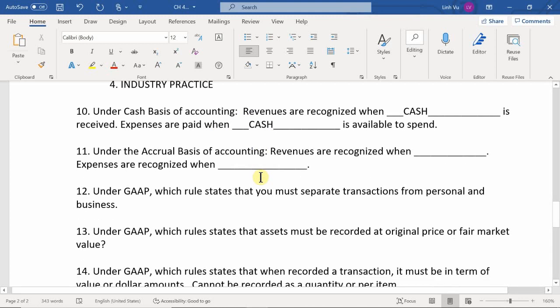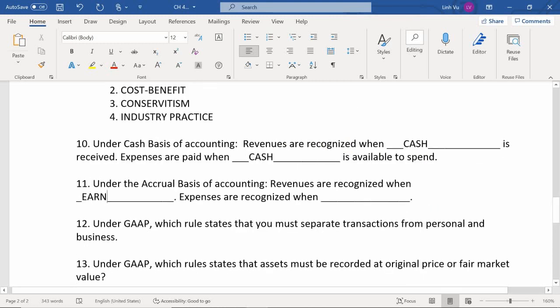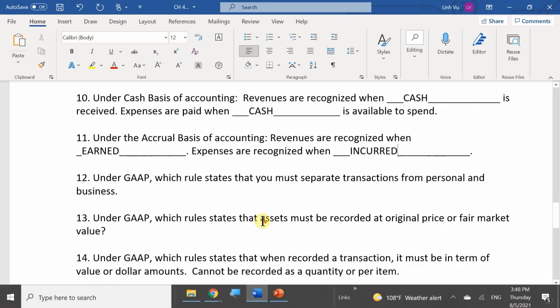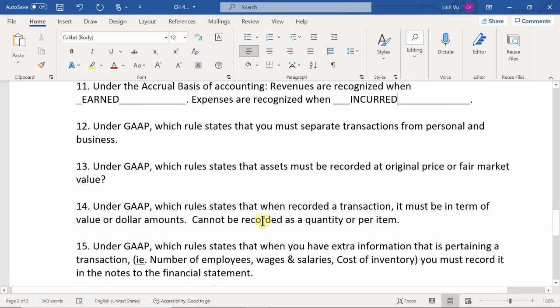Under the accrual basis of accounting, revenues are recognized when earned, and expenses are recognized when incurred. It's the same base word as occur, because incurred means it happens at that time.